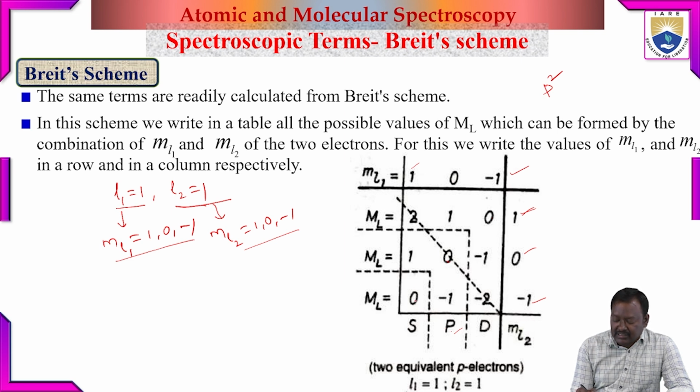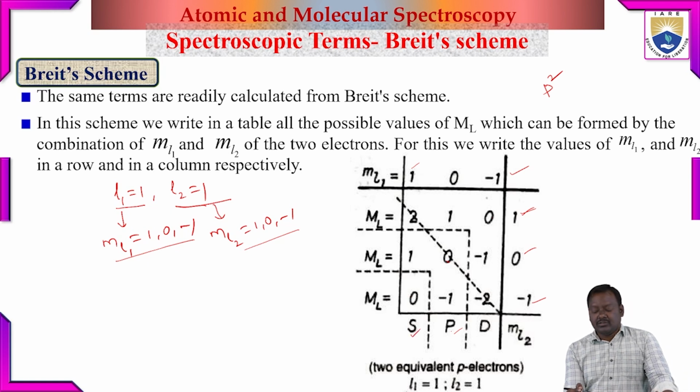And here the ML value 0 indicates the S term. This is the procedure to follow for finding the spectral terms for two electrons having L1 equal to 1 and L2 equal to 1, in which those two electrons are in the same subshell.